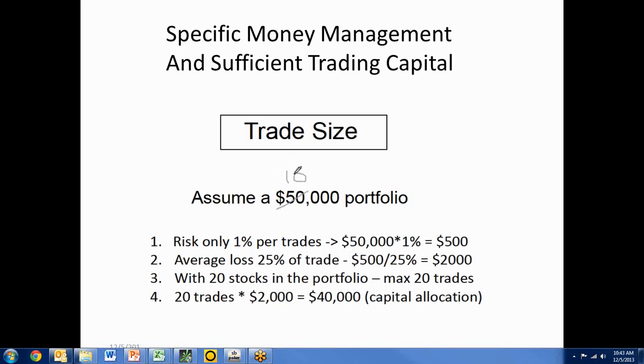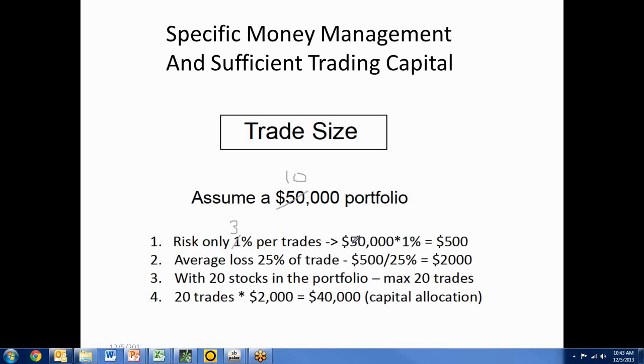If you're in this range, $5,000 to $10,000, and a lot of people are, what you want to do is grow that portfolio. And you might say to yourself, I'm willing to take 3% of risk per trade.